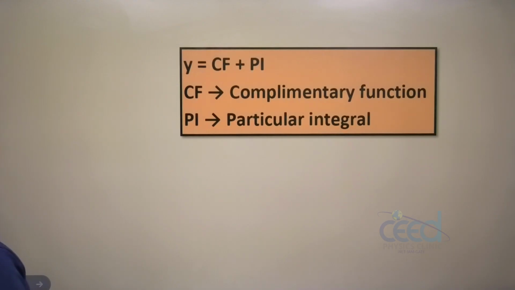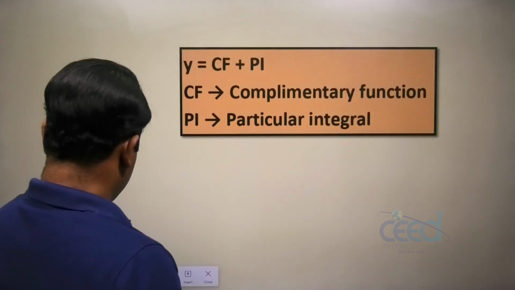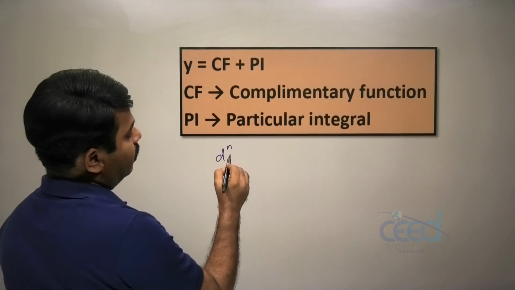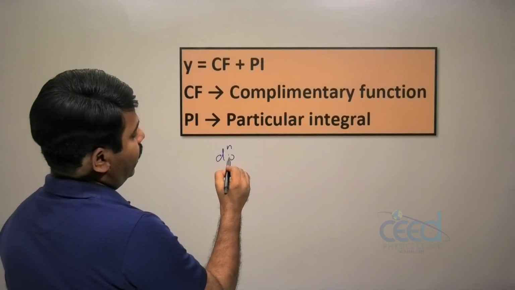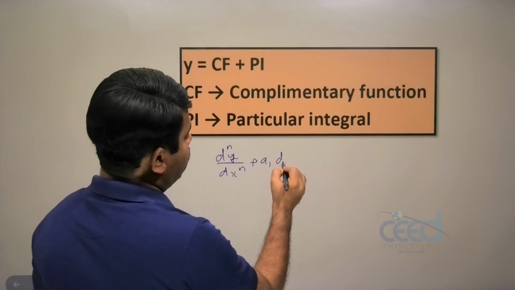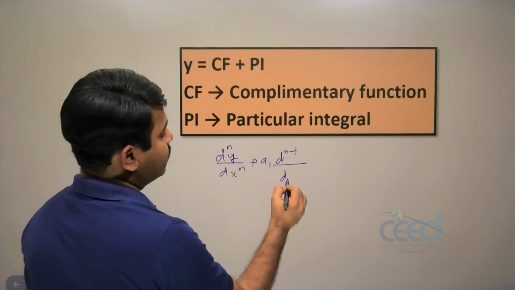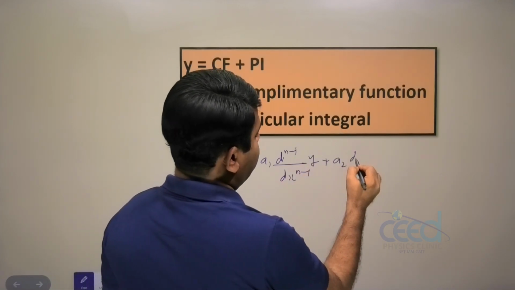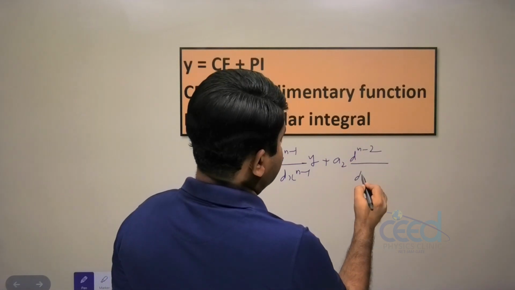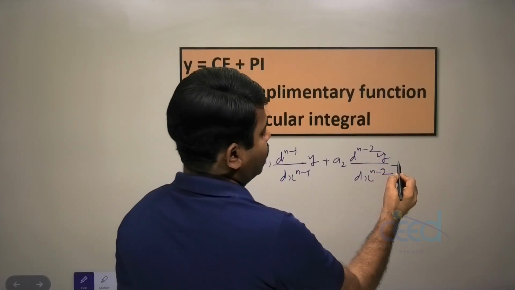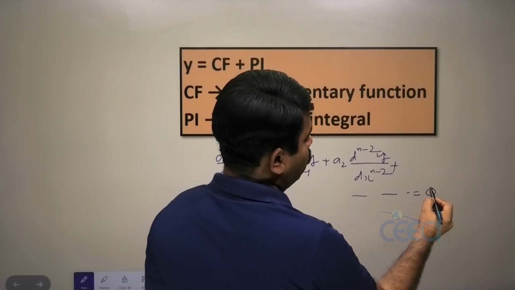The general equation we saw is d^n y/dx^n plus a1 d^(n-1) y/dx^(n-1) plus a2 d^(n-2) y/dx^(n-2) plus etc., equal to some q of x.